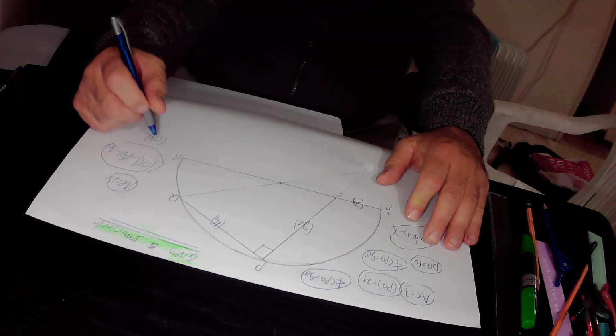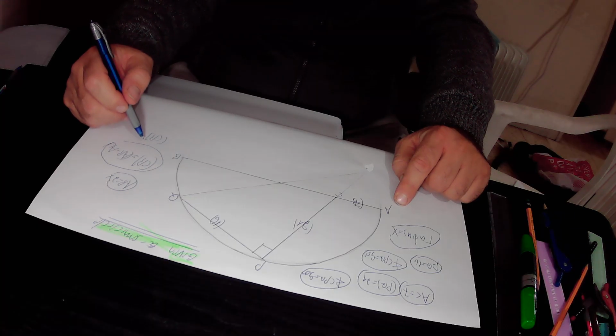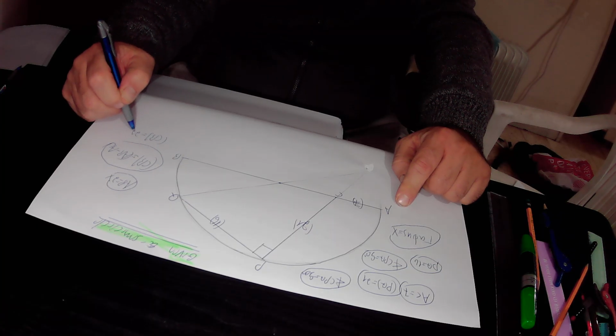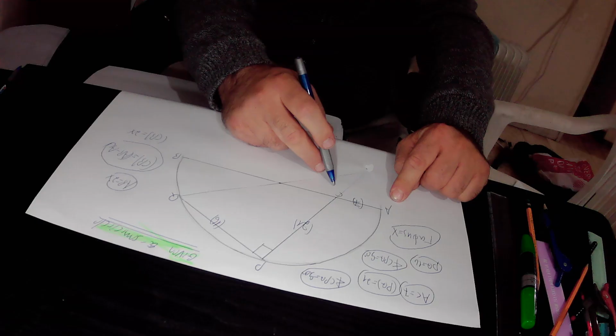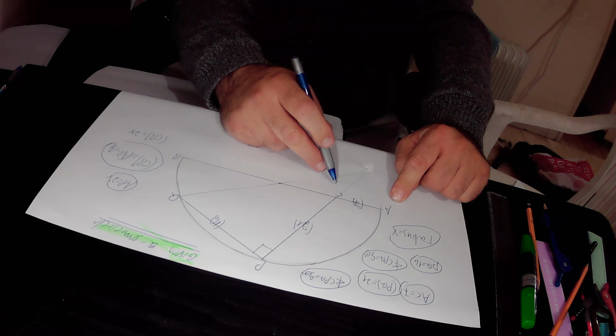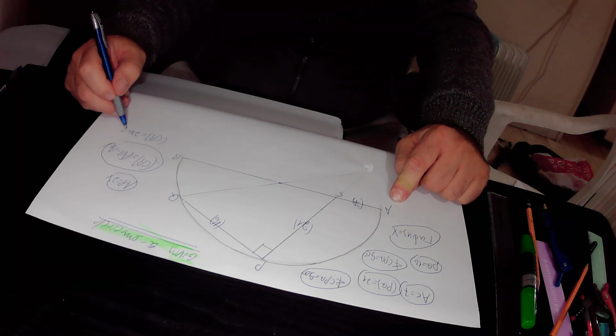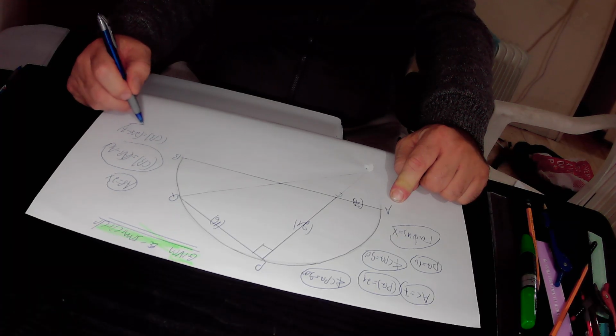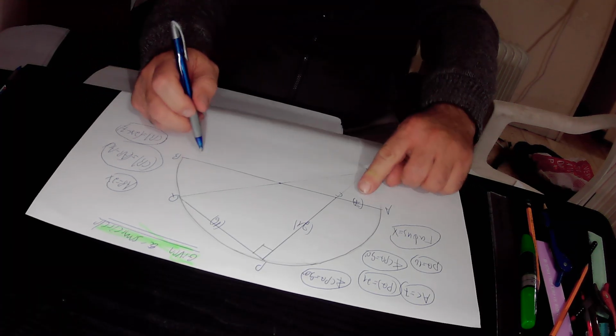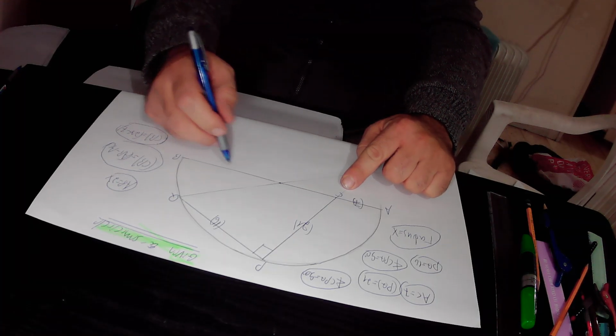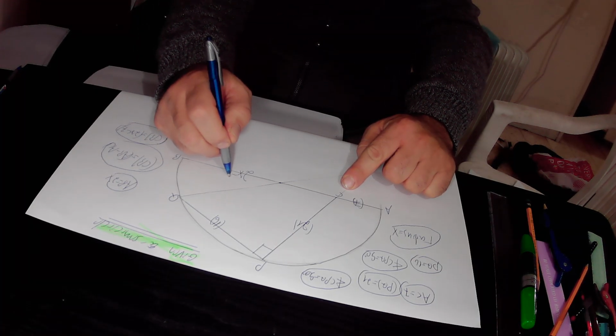So CB equals AB, which is 2x, the diameter of the circle, minus AC. AC is equal to 7 units, according to the question. So in total, we found that CB equals 2x minus 7 units in length.